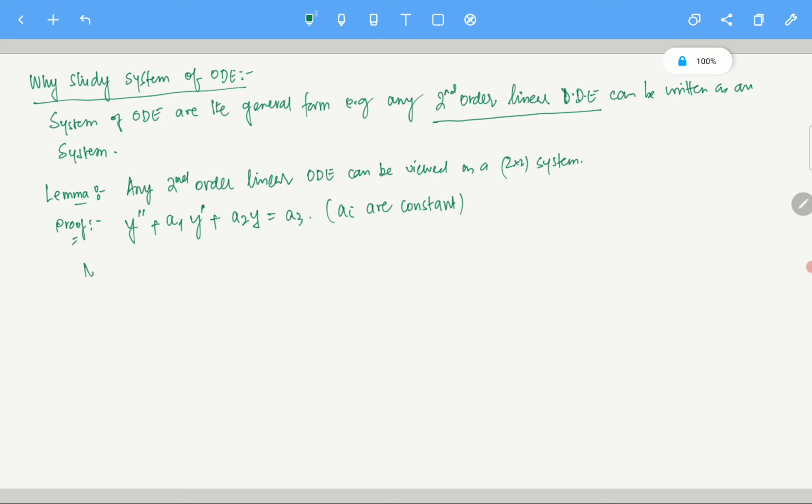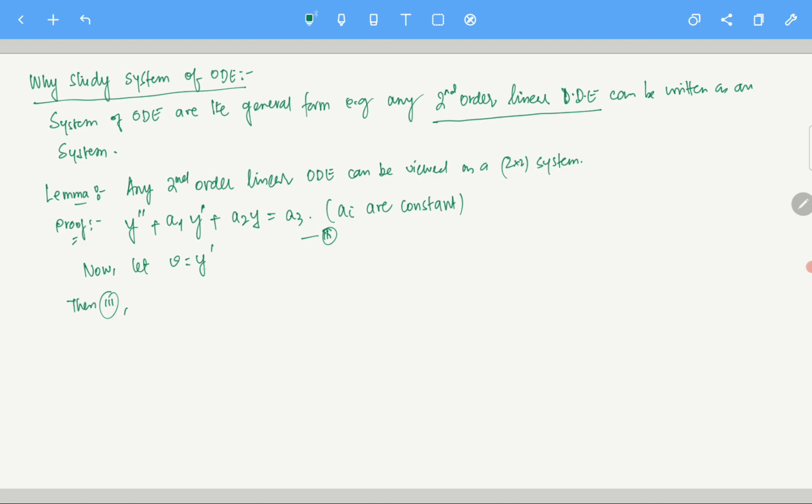Now let v be y prime. So you are defining a new function v, which is given by y prime. So y prime is your new function v. Of course, I can do that. Once I do that, then this equation, let's call it (3), can be written like this.